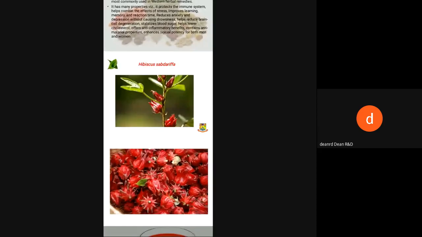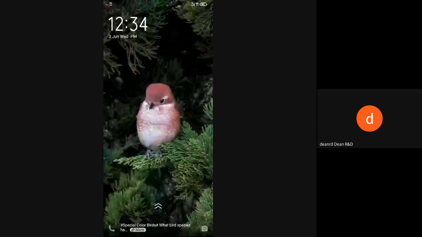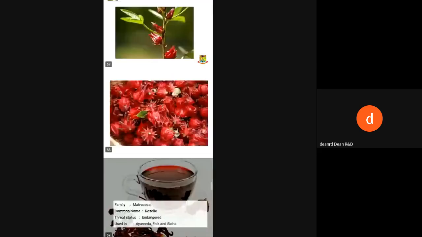The infusions of the leaves or calyces are regarded as diuretic, choleretic, febrifuge, and hypotensive, decreasing the viscosity of the blood and stimulating intestinal peristalsis. That is more important.